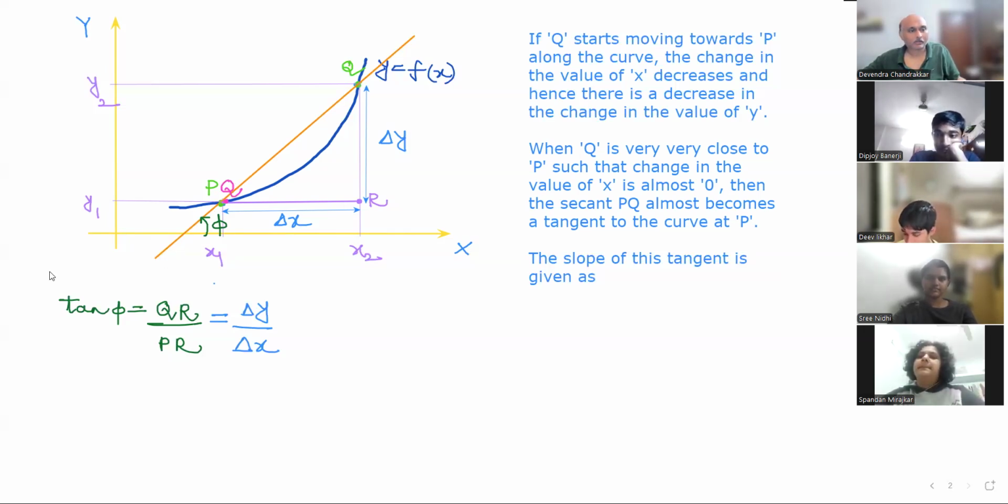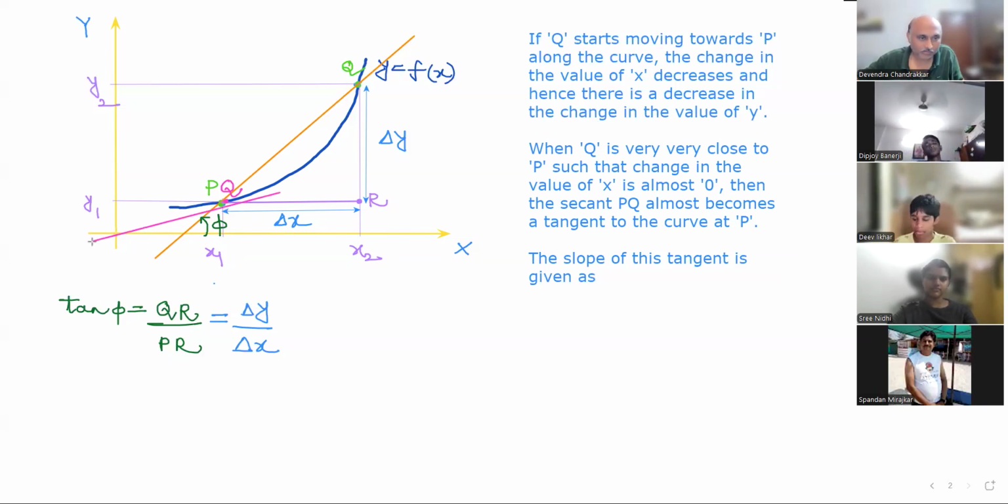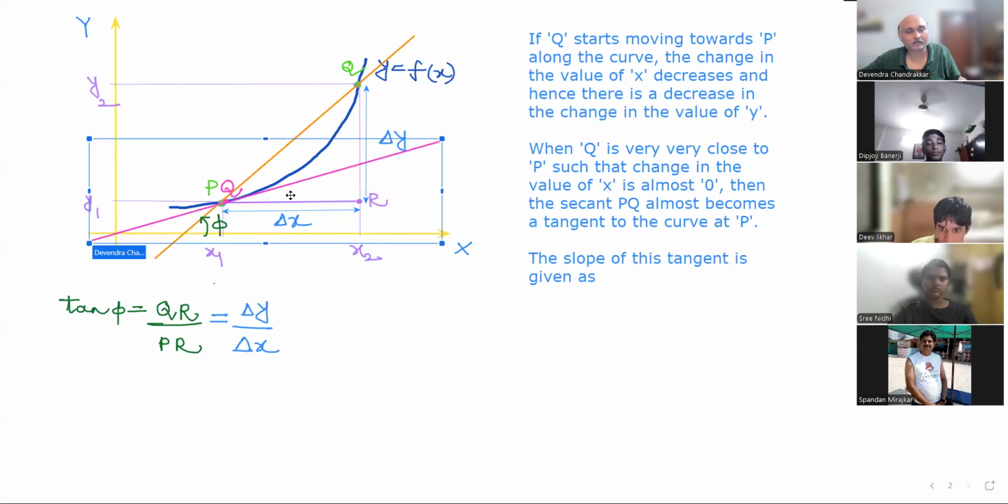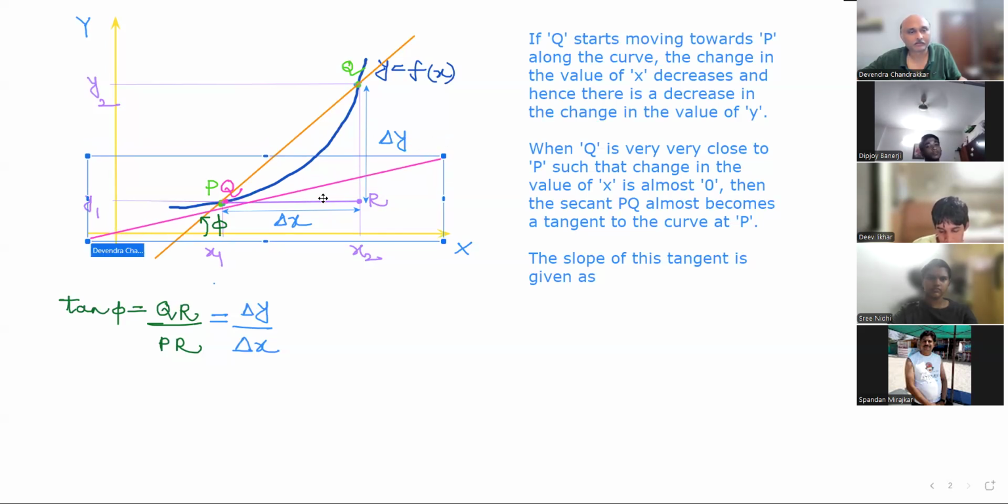Yes, sir. Good. So now, when you draw the secant PQ, can you see it is touching the curve almost at one point only, at P? The secant PQ almost becomes a tangent at this point, right?